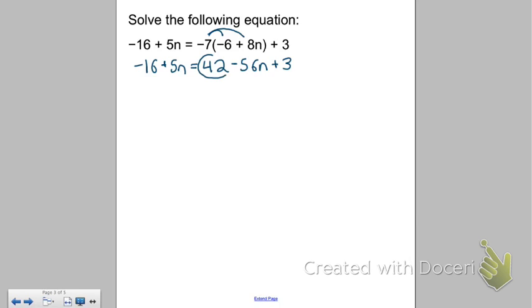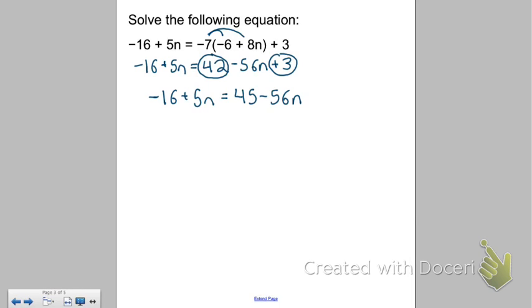I have like terms. I have 42 and 3. Since they are on the same side, I do not have to do the opposite. I can just combine them. 42 plus 3 is 45, and then minus 56n. Now, I have finished simplifying my right-hand side.